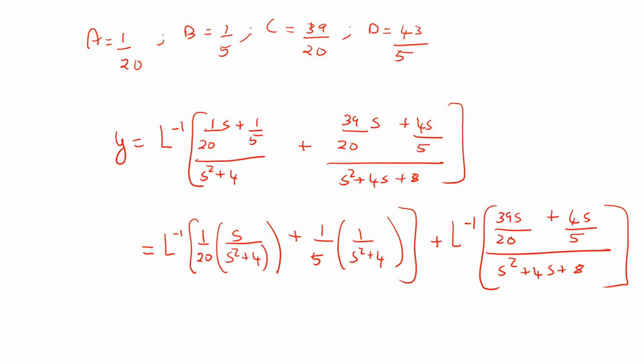That is directly through the formulas that we've learned. 1 by 20 is already outside, and we have s by s square plus 2 square.